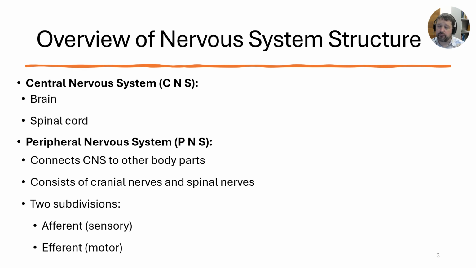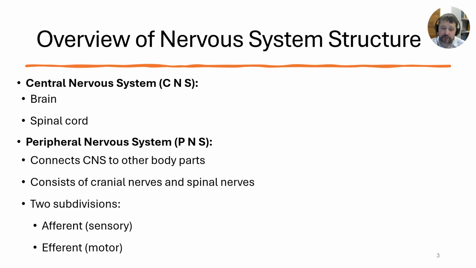This could be different sensory material like pigment receptors for vision, auditory receptors for hearing, taste buds, sensors for movement, salinity, and temperature, all kinds of things. But they're going to occur away from the central nervous system. So they're the peripheral nervous system, or the PNS.